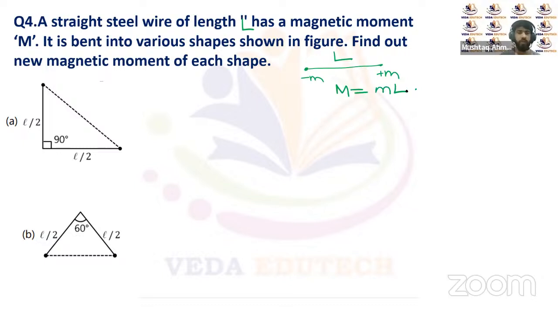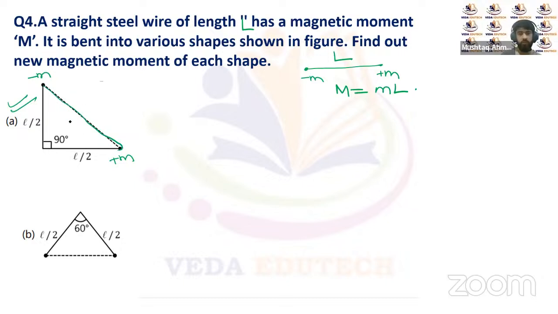Now what we have done is that we have bent this wire of length L into two different shapes. The first shape is as shown in the figure. We have this side L by 2 and this side L by 2. This is one pole of this magnet and this is the other pole, and we know that the magnetic dipole moment will be the pole strength multiplied by the distance between the two poles.